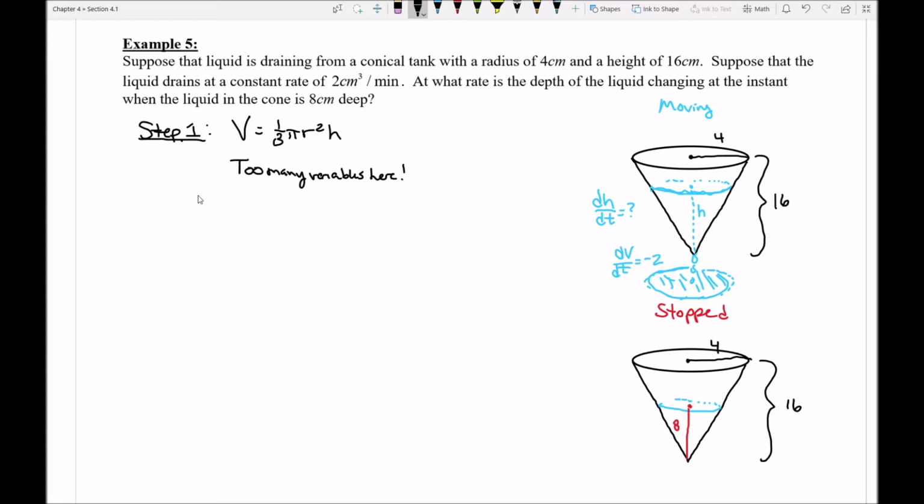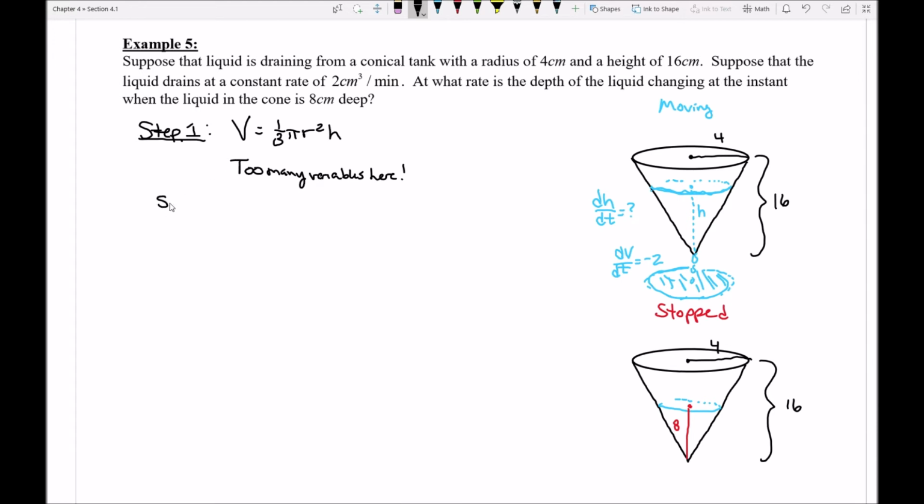So our goal is instead going to be trying to replace one of the variables that we have here, specifically the variable of r, and put that in terms of the variable of h. We have too many variables right now, and we can't work with what the derivative of this would look like. So let's start to think about how we could attempt to get rid of this variable of r.